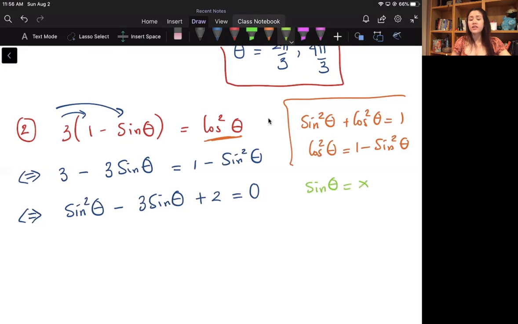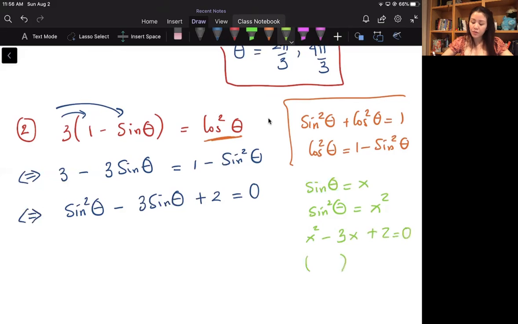I want you to see sine theta as an x. So if I square both sides, sine squared theta equals x squared. So in terms of sine theta, I'm going to replace this equation with x: sine squared theta becomes x squared, minus 3 sine theta becomes minus 3x, plus 2 equal to 0.